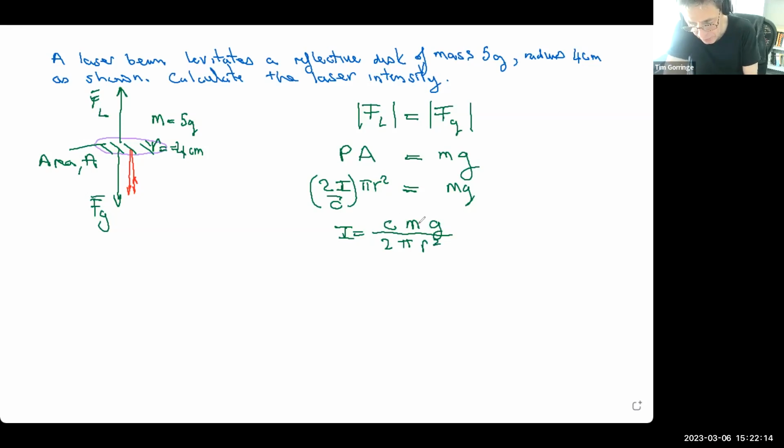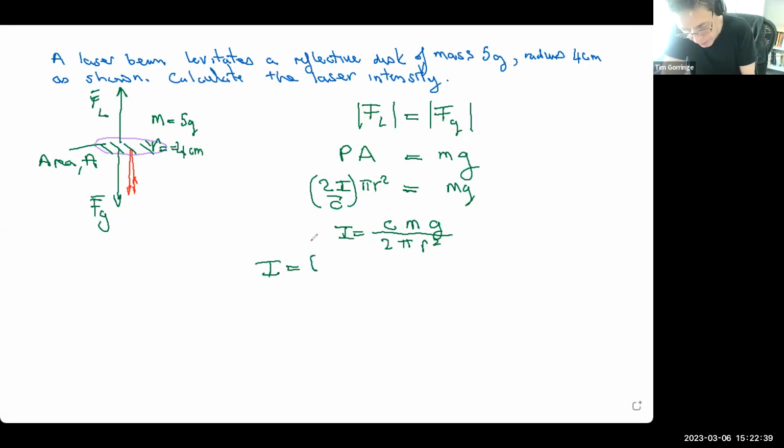And so the mass of the disk we're told in the problem, the radius of the disk we're told in the problem. c, g, they're two quantities. They're the speed of light and the acceleration of gravity. We know those. We're going to look up those. And then we've got a factor of 2 pi. So all I need now to do is to stick in the numbers into the equation.